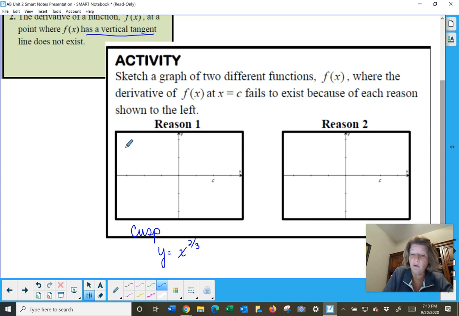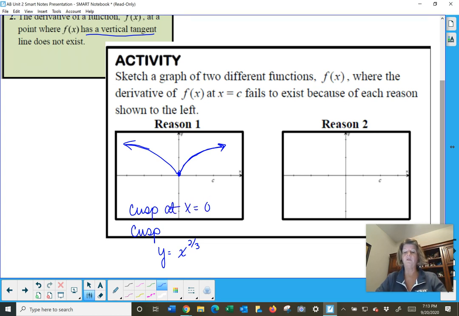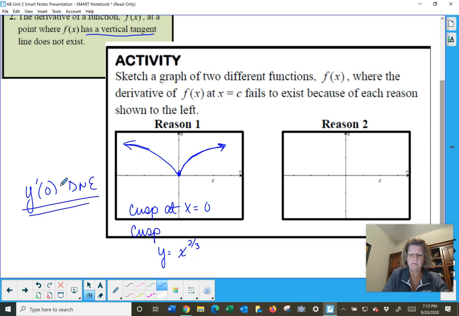If you graph it, you will see that it has that shape of a curve coming in, concave down, and then it meets at 0, 0, and then it leaves concave down as well. So that is a cusp at 0. So I could show you y prime of 0 does not exist. That y prime meaning derivative.